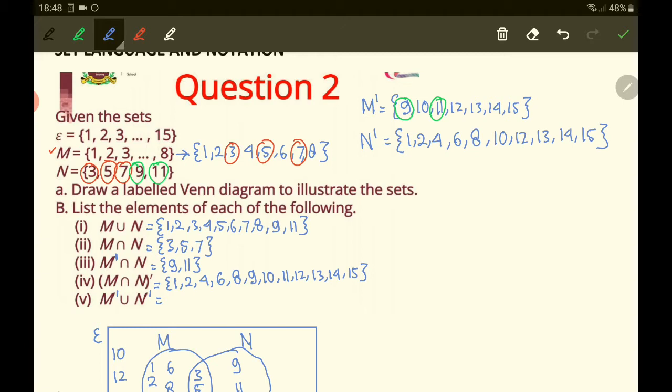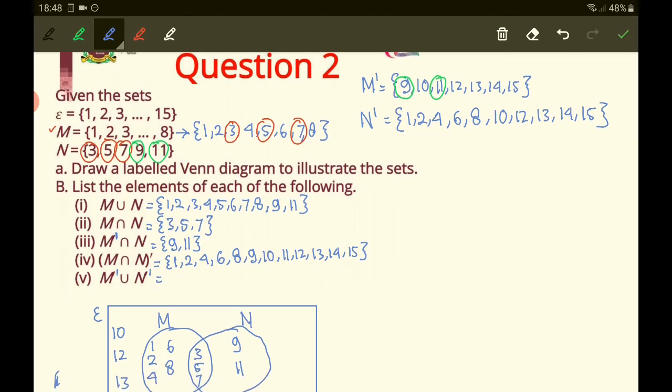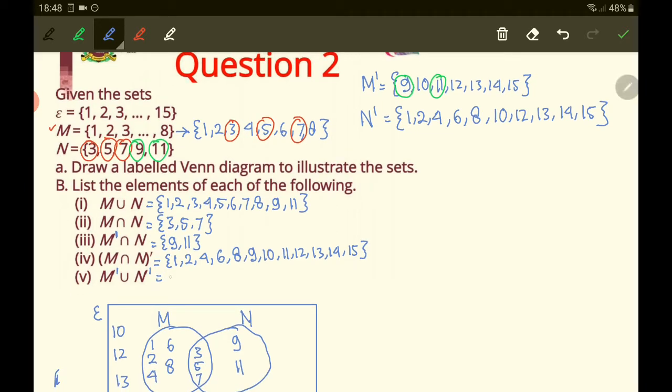Now we try to combine M complement with N complement. So we write all the elements in M complement and also N complement. So here we write the answer.